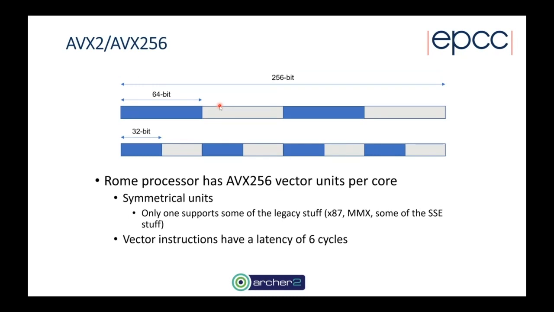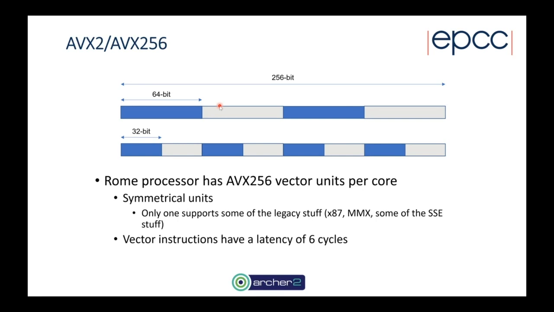So the AMD processor has a number of these vector units per core, and that should say 2 of these vector units per core. They're what's called symmetrical units, so they do the same functionality, but only one of them supports some of the legacy instructions.